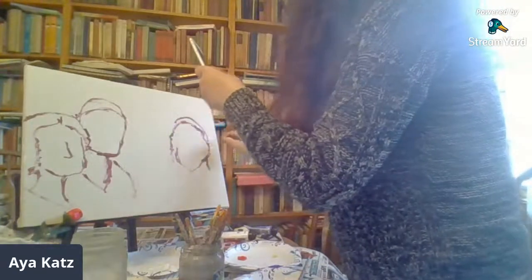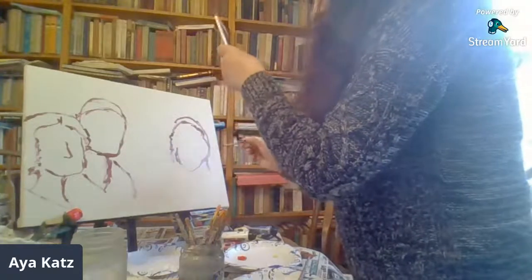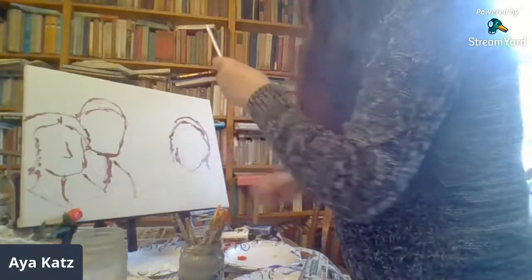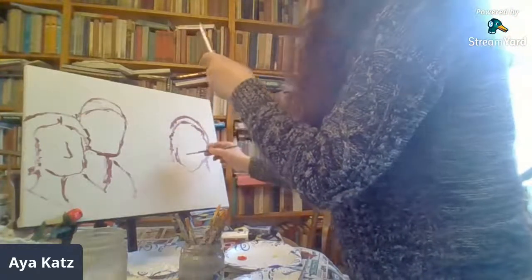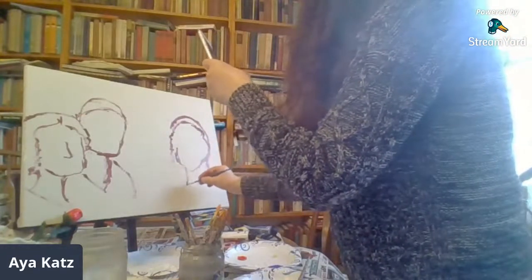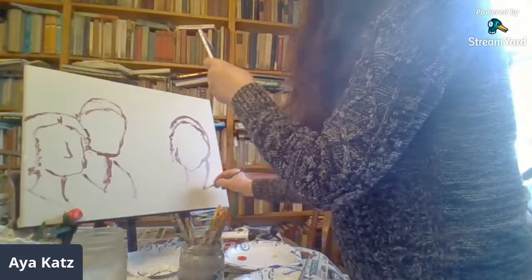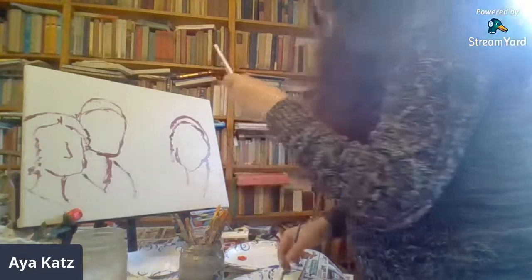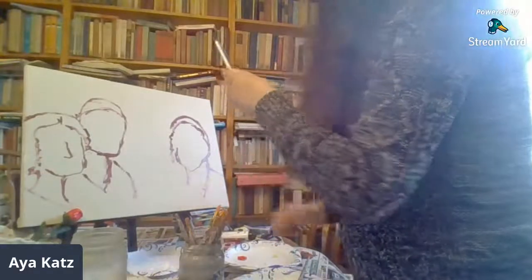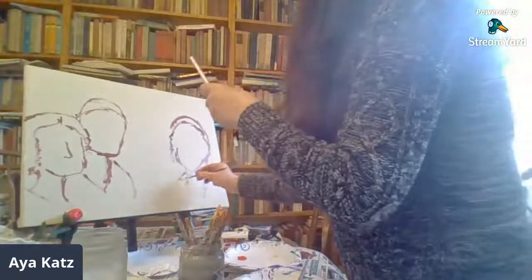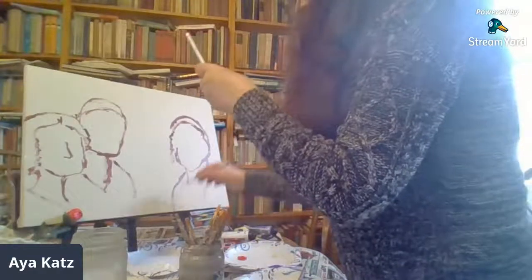Not as tall as Emily, but not as short as Anne in this picture. Okay. And she's got a neck on her. And lots of room for the shoulders. And we're going to do this.